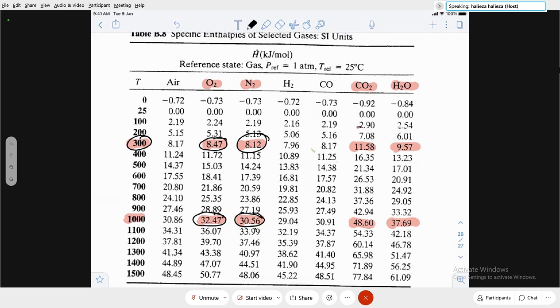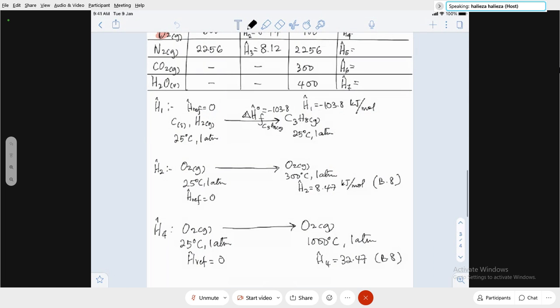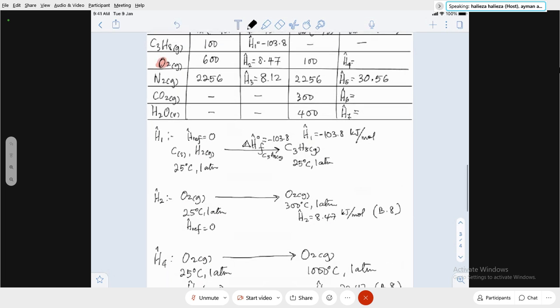I'm going to put that value, 30.56, for our nitrogen. We got that from appendix B8, the same as yesterday. And for our oxygen it is 32.47. Now I've just shown you how to get that value from appendix B8.